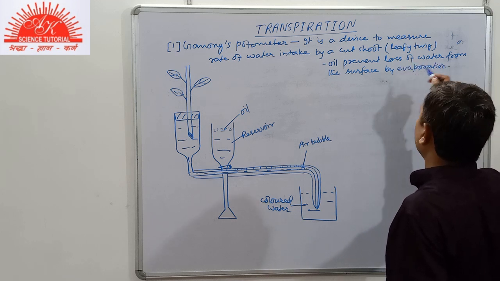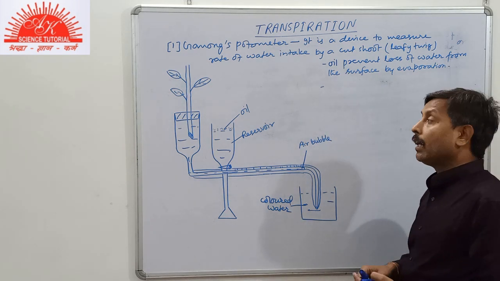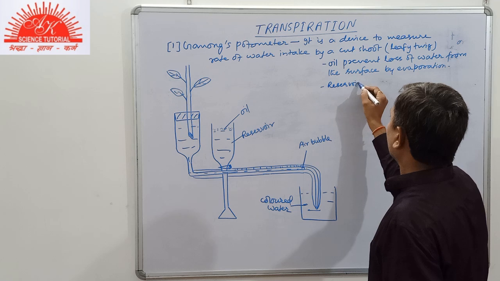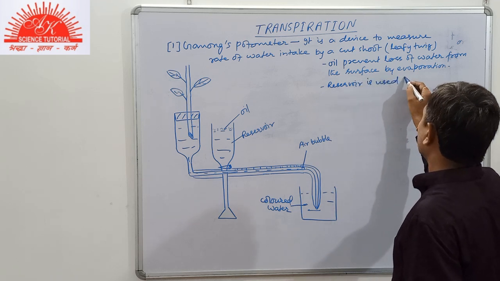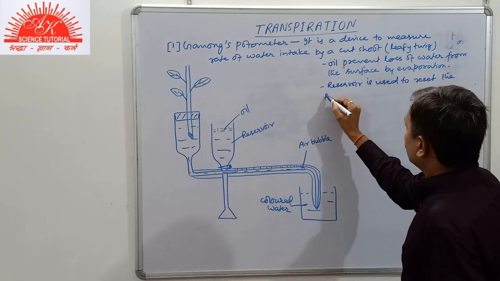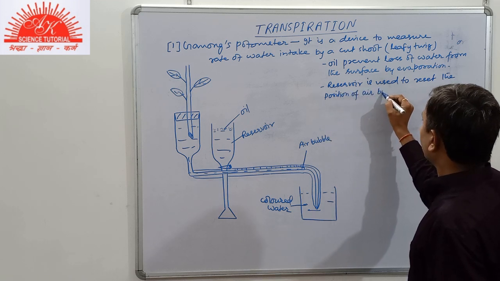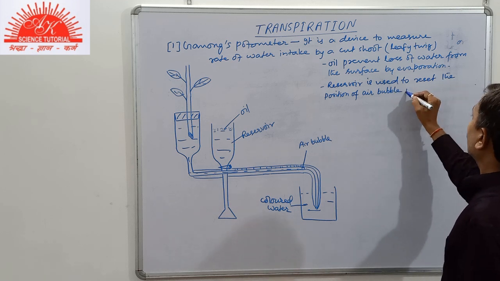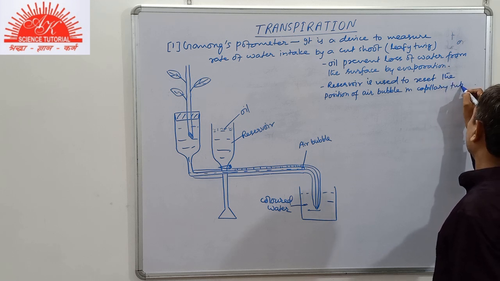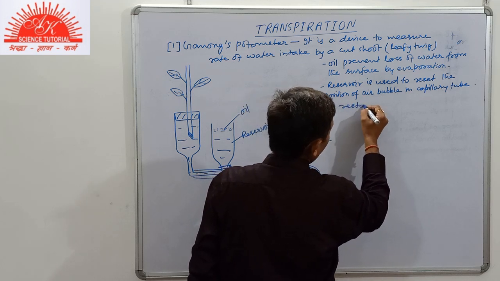So this is the first point related to it. Then the second question is asked, what is the role of reservoir? Now here we see that reservoir is used to reset the position of air bubble in capillary tube to restart the experiment.